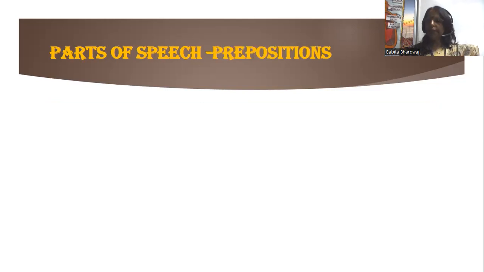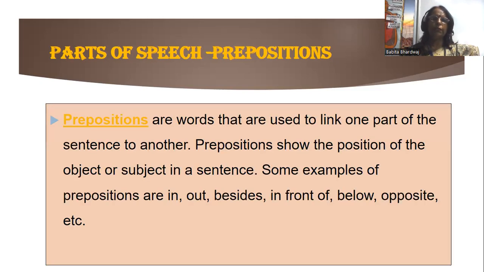Now, if we see the next part of speech, that is prepositions. I hope you must have heard about prepositions, what this term indicates. If we see the root word in prepositions, it is position. So prepositions talk about the position. Prepositions are the words that are used to link one part of the sentence to another.